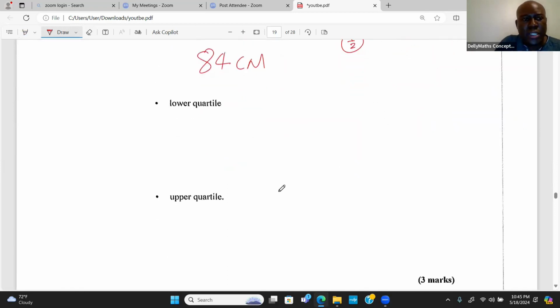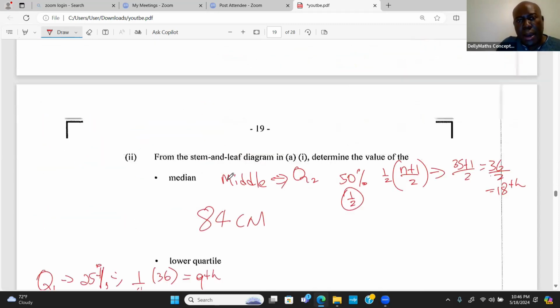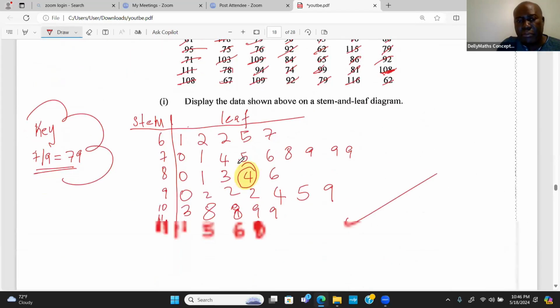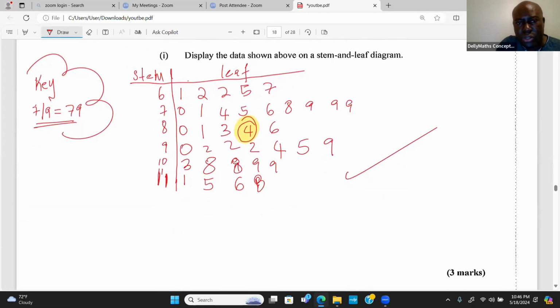Lower quartile. Remember what our lower quartile is. Our lower quartile is Q1, which is actually 25% of the sample. It's going to be 1 over 4 of 36. 36 divided by 4 gives us the 9th term. So I'm just going to count to the 9th term: 1, 2, 3, 4, 5, 6, 7, 8, 9.